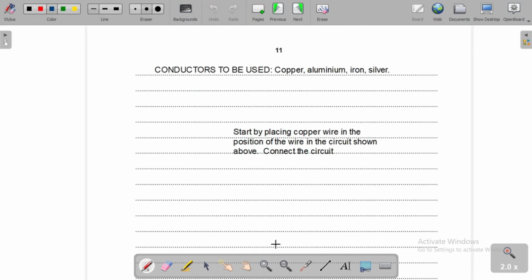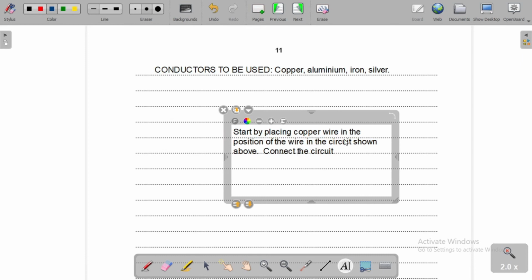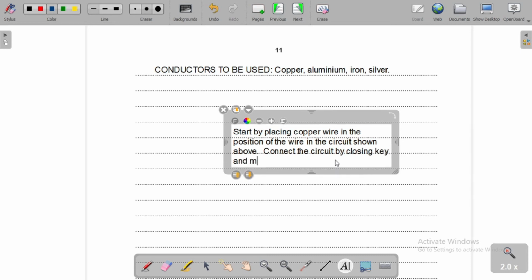Okay, let's see this. Start by placing copper wire in the position of the wire in the circuit shown above. Connect the circuit by closing the key and record the voltmeter and ammeter readings.